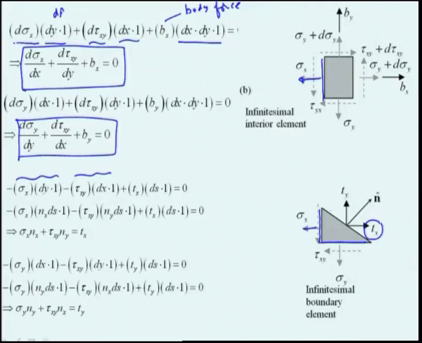This is dx. With Pythagoras theorem, ds will be square root of dx square plus dy square, and if you introduce the direction cosines nx and ny, nx is the cosine of the angle between the x axis and the normal to the surface, and ny is the cosine of the angle between the y axis and the normal to the wedge at that surface point.